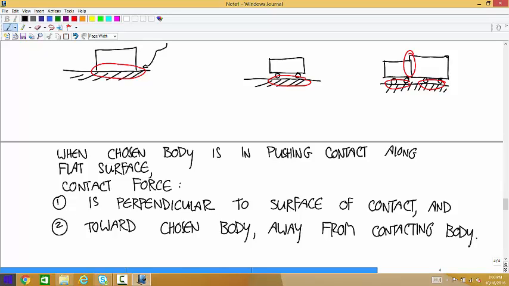Okay, so when you have a pushing contact, that force is toward the chosen body, away from the contacting body.